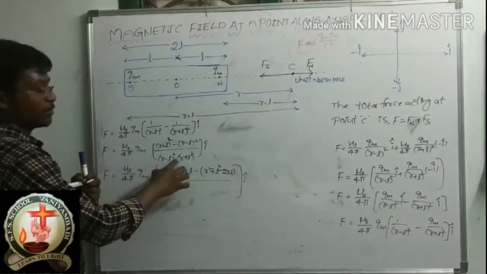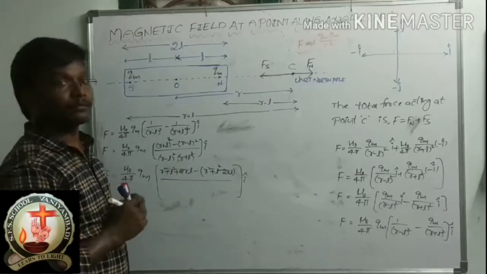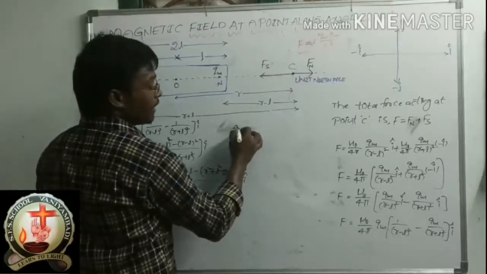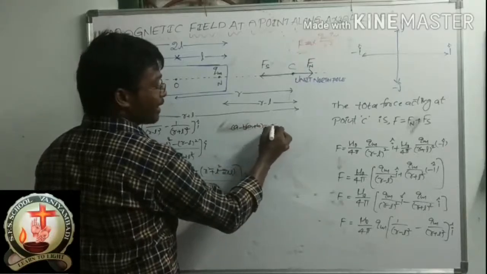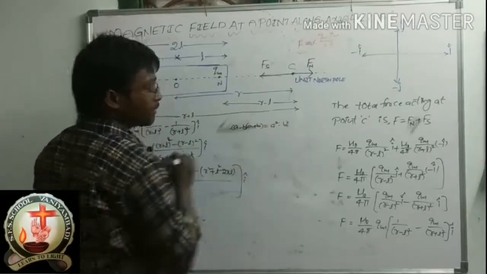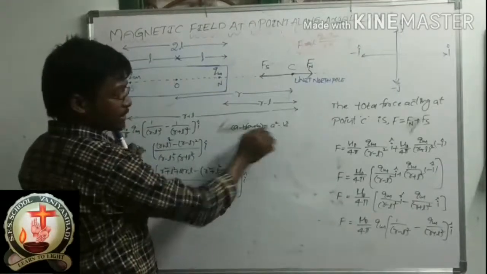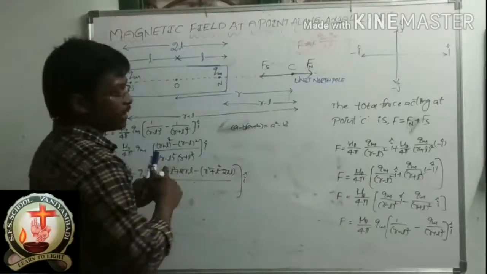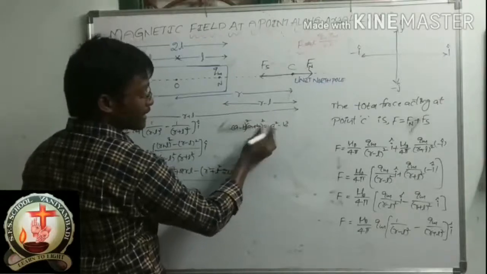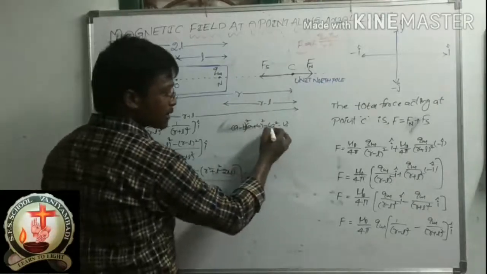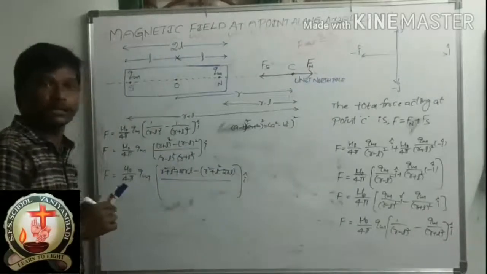A minus B whole square into A plus B whole square. How to write here? A minus B into A plus B means A square minus B square. That is a formula. But A minus B whole square and A plus B whole square means A square minus B square whole square.